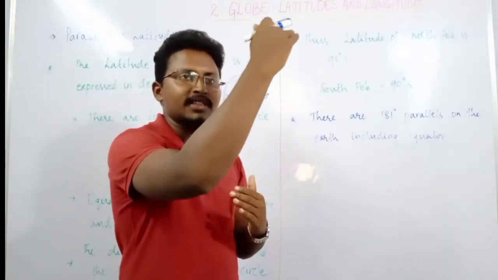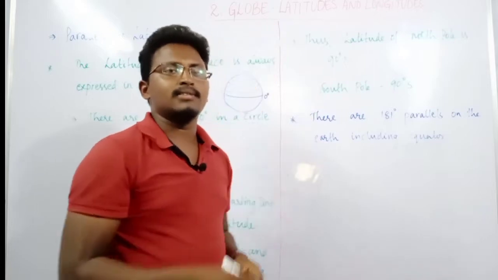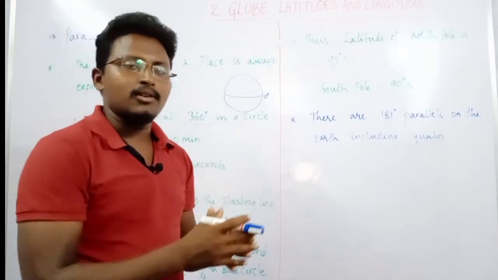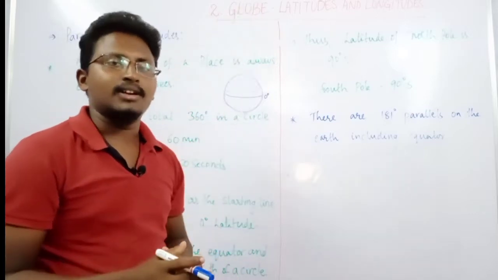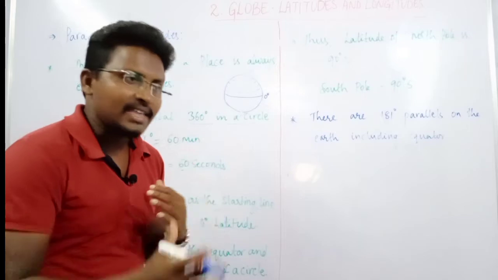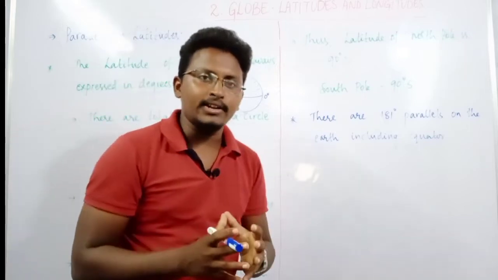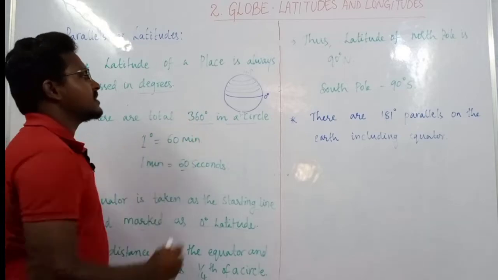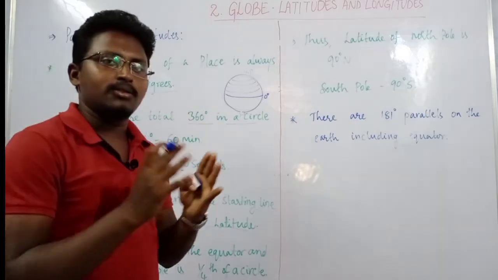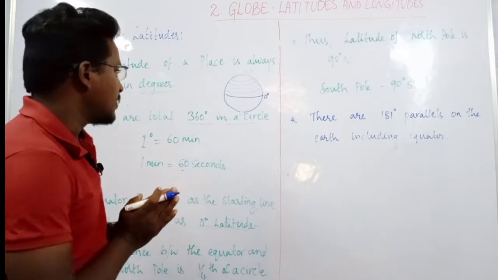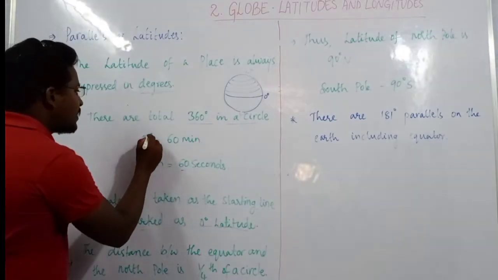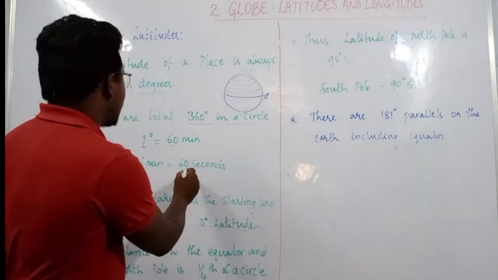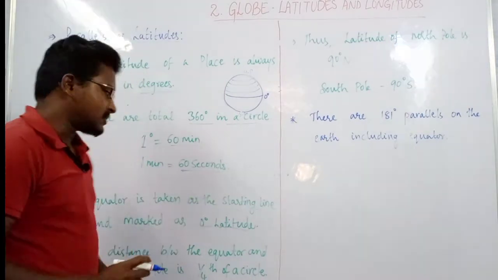For example, between 3 degrees and 5 degrees a place is located, or between 2.5 degrees and 1.5 degrees, or from 8 degrees to 37 degrees. So like this, we express all the latitudes in degrees, and there are a total of 360 degrees in a circle. You all know that, and 1 degree is equal to 60 minutes, and 1 minute is equal to 60 seconds.